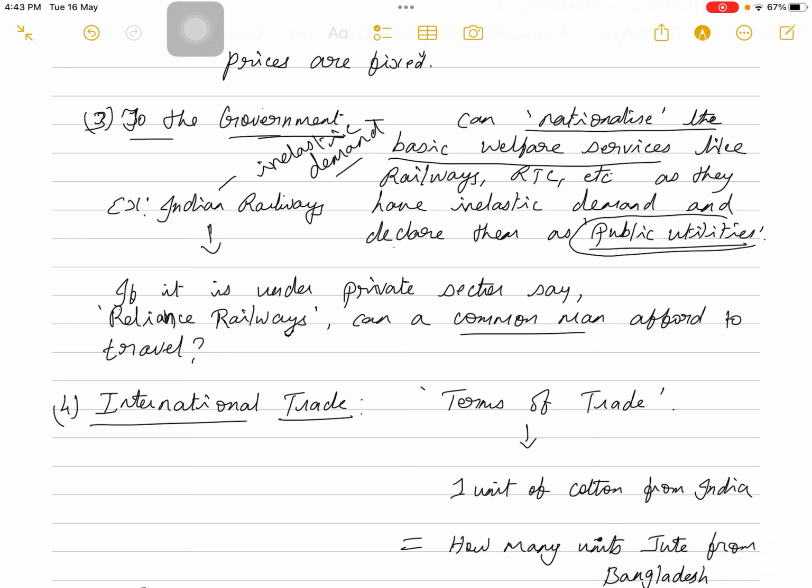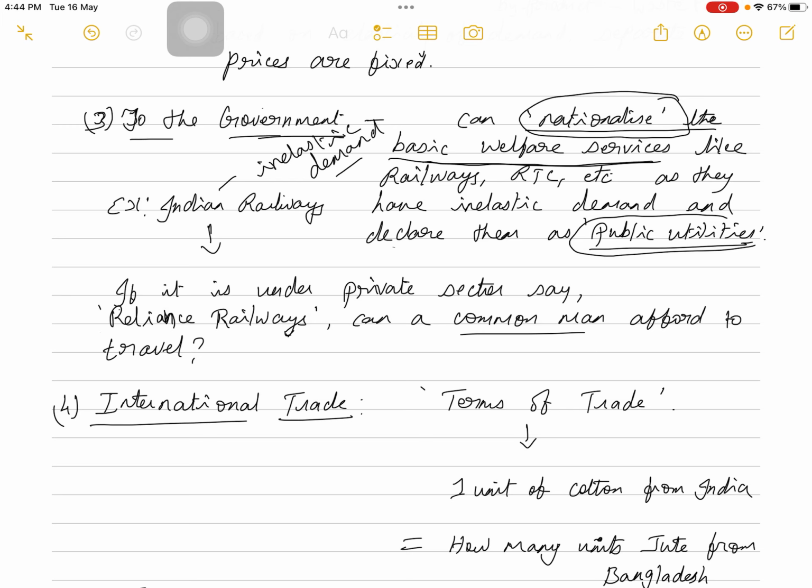So any commodity or service which is in the hands of the private sector, which is of utmost importance for the general public and has inelastic demand, the government can declare as public utilities, and the government can nationalize those services. That is, the government can take over from the private sector, because the government can provide those basic welfare services by charging lesser prices.